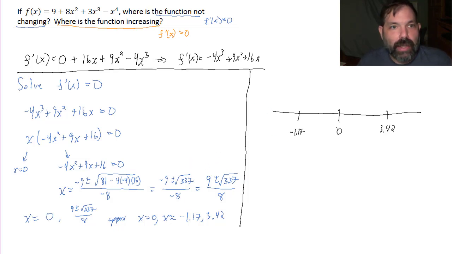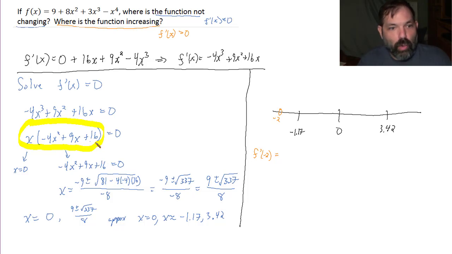So now let's test, how about negative 2 into the first derivative. So let's see, f prime of negative 2. I'm going to use this form right here. Let me highlight what I'm using. It doesn't really matter which form you use.